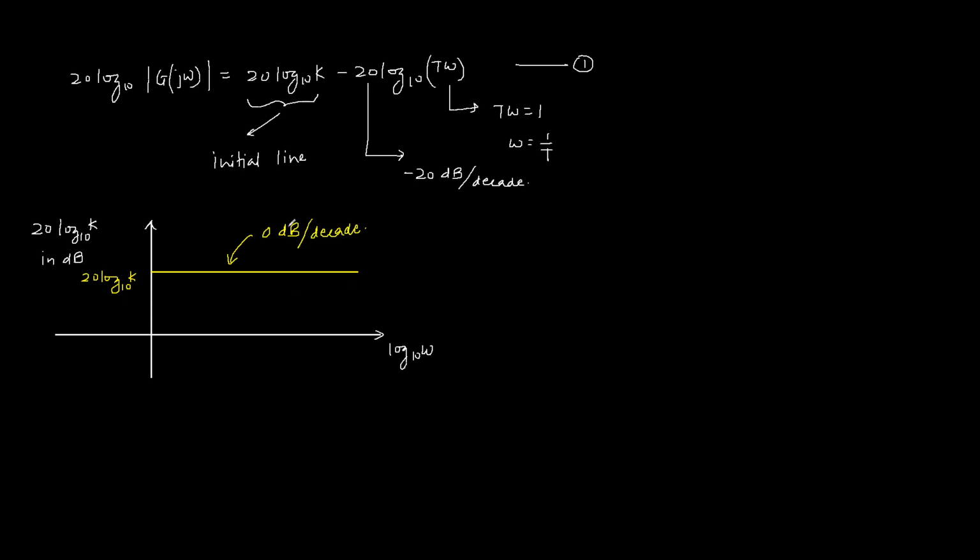See, the unit for slope is dB per decade. Why? Because magnitude is in dB and the frequency is in decade. Why decade? Because if omega is 1 or frequency is 1 radian per second, then the value of log 1 base 10 is 0.